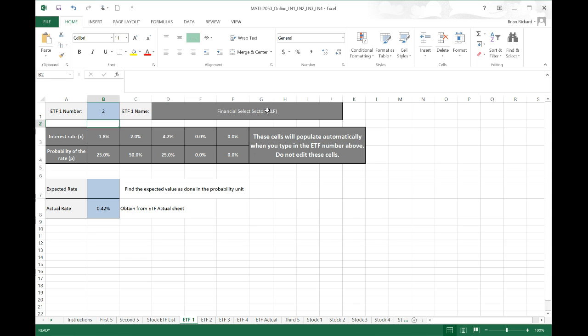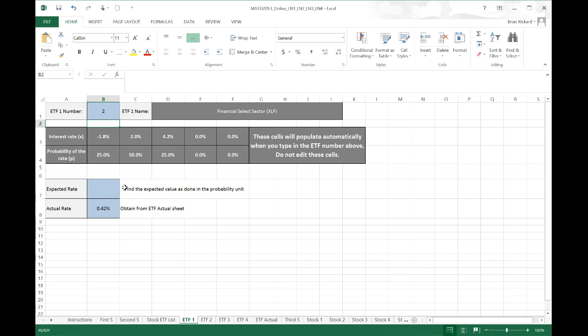It's the financial select sector. And so these numbers here, we looked through past performance of this ETF and took a guess at what we thought it was going to do. So we thought there would be a 25% chance that it would go down by 1.8%, 50% chance that it would go up by 2%, and a 25% chance that it would go up by 4.2%.